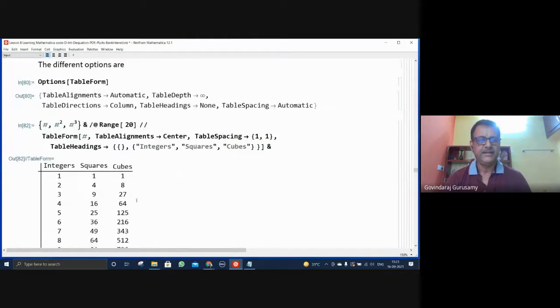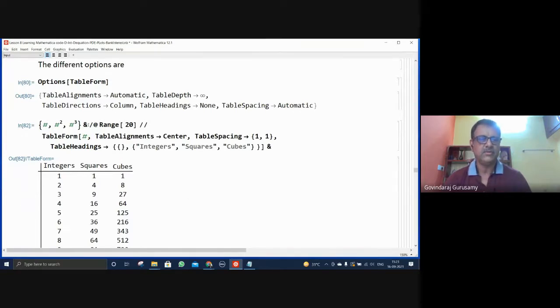Now I wanted to have the other side of it: integers, squares, and cubes, where I see all the numbers of the integers first, the squares second, and the cubes third, as the columns in these rows.